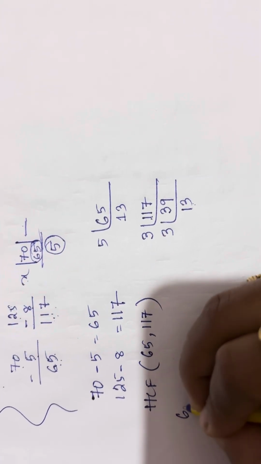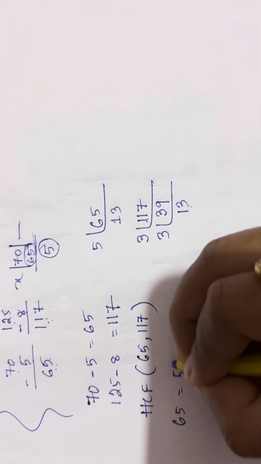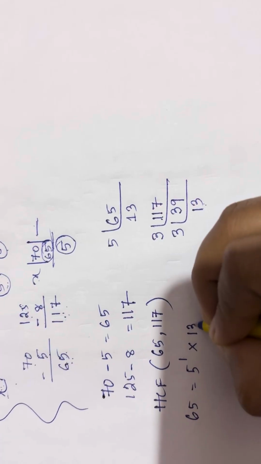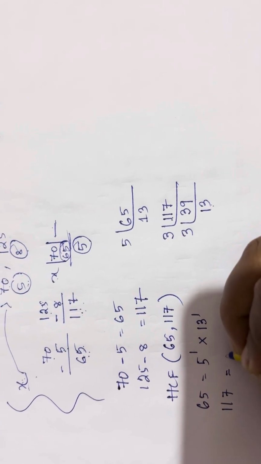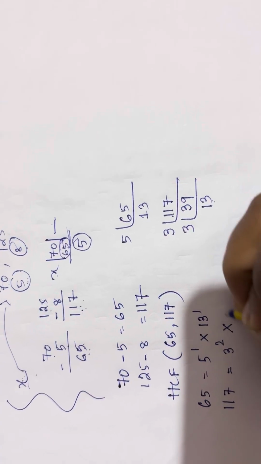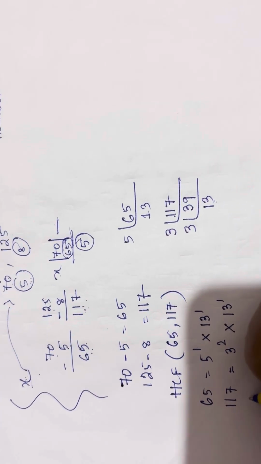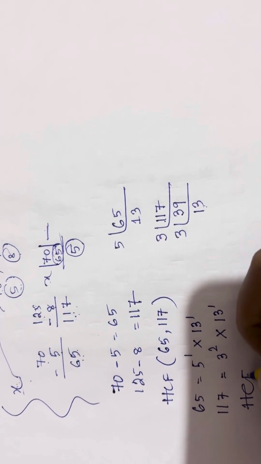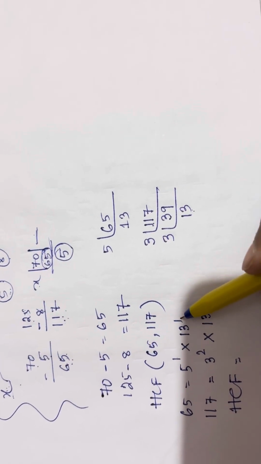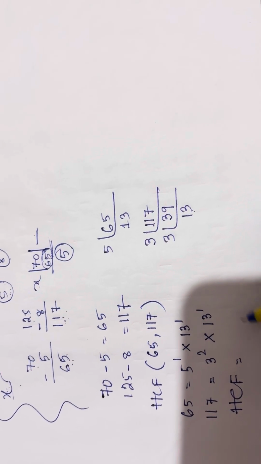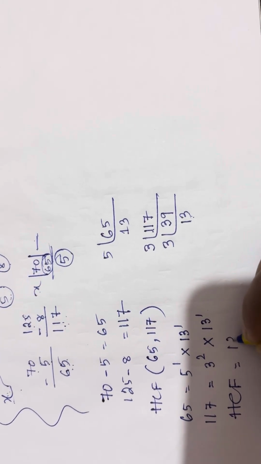So what we will write: 65 is equal to 5 to the power 1 into 13 to the power 1, and 117 is equal to 3 to the power 2 into 13 to the power 1. As we are talking about HCF, we will see the factors that are present in both. So 13 is the only factor which is present in both. So the HCF here is 13.